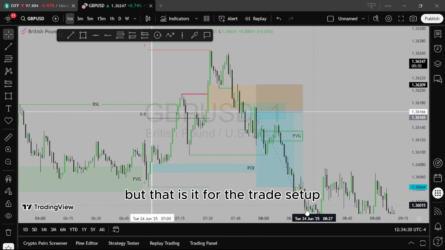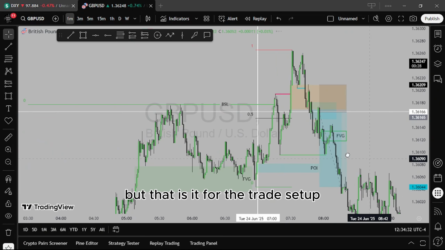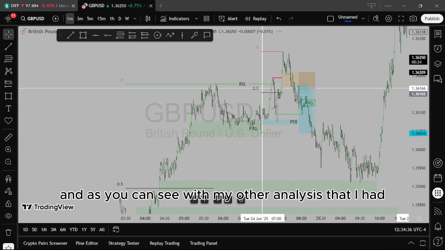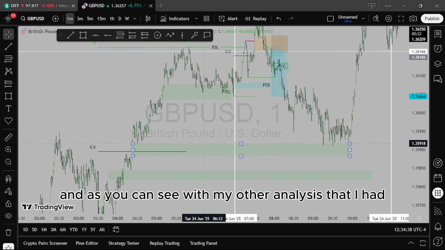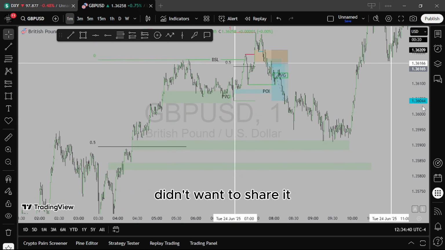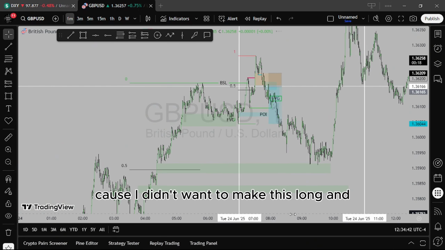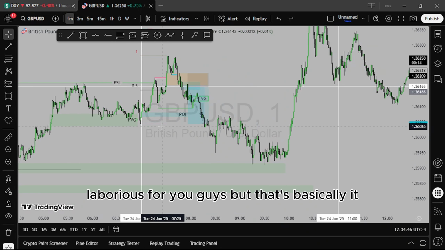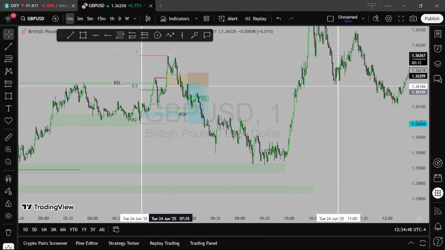But that is it for the trade setup. As you can see, I had other analysis that I didn't want to share because I didn't want to make this long and laborious for you guys, but that's basically it.